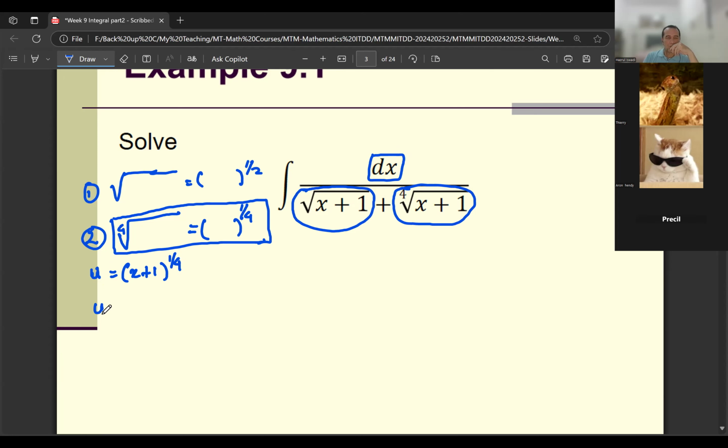We have u to the power 4 is equal to (x plus 1) to the power 1/4, then to the power 4. And we know that these powers must be multiplied. So we have u^4 equal to x plus 1.